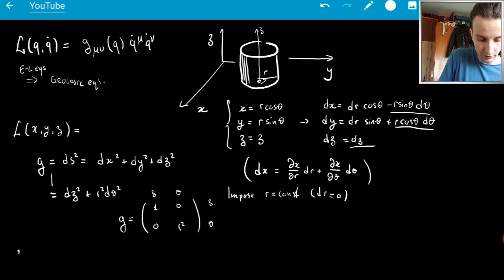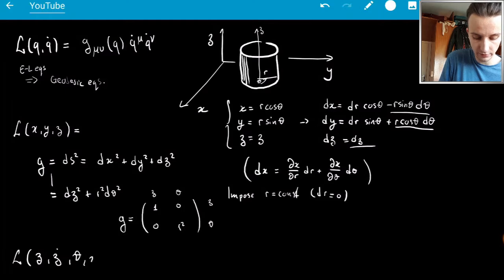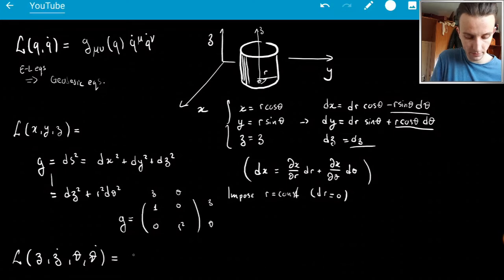And then our Lagrangian of z dot, theta dot will just be g mu nu of z theta.